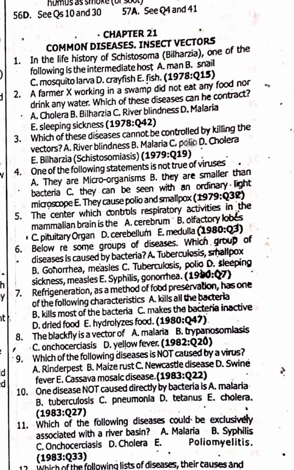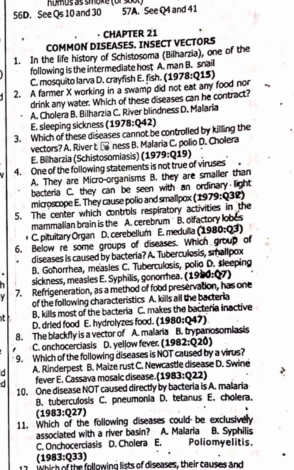Poliomyelitis is spelled P-o-l-i-o-m-y-e-l-i-t-i-s, because it is contracted through food and water that have been contaminated by feces, from excreta. Next, the vector for cholera is the housefly. Houseflies carry cholera.